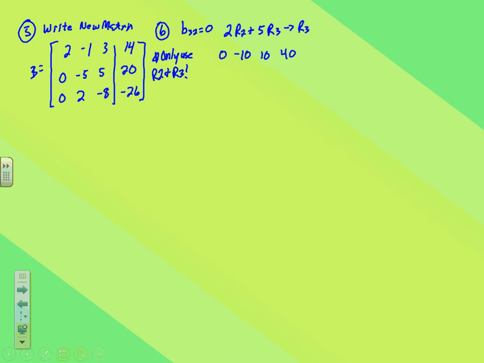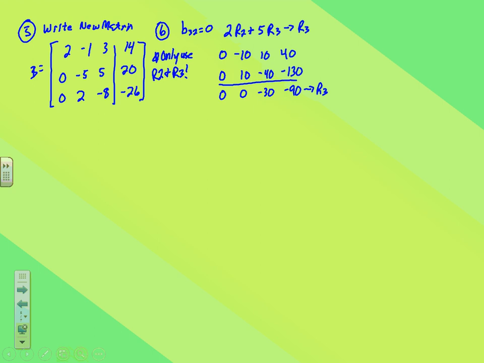Multiplying 5 into everything in row 3 gives me a 0, a +10, a -40, and 5 times 26 gives me a -130. Combining all of this, I get 0, 0, which we needed. 10 minus 40 is -30, and 40 minus 130 is -90. So this is now my new row 3.